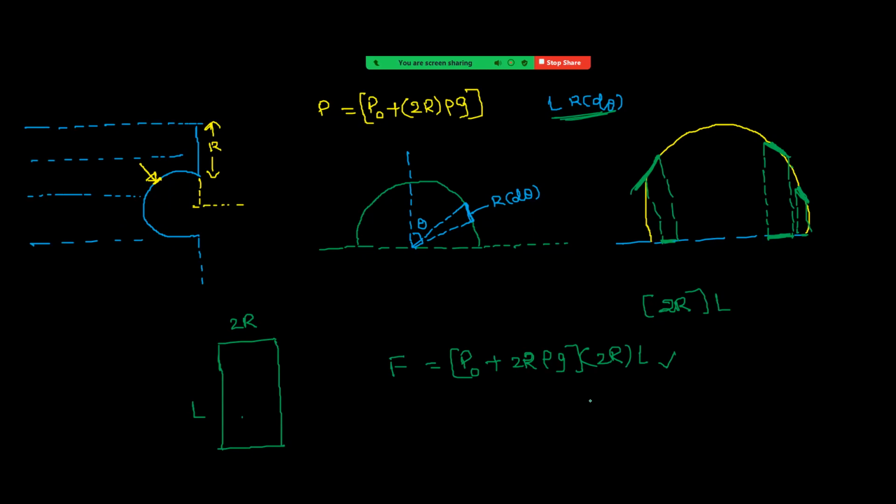Suppose in a problem, if it is mentioned like neglect pressure of atmosphere, in that case, this becomes 2r into rho g into 2rL. This is if P naught is neglected.